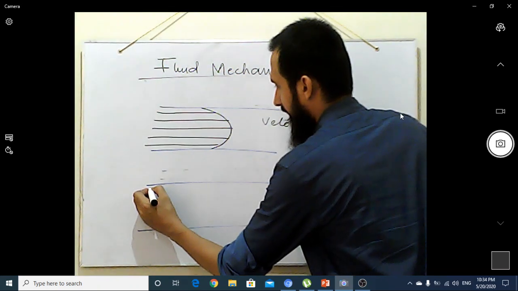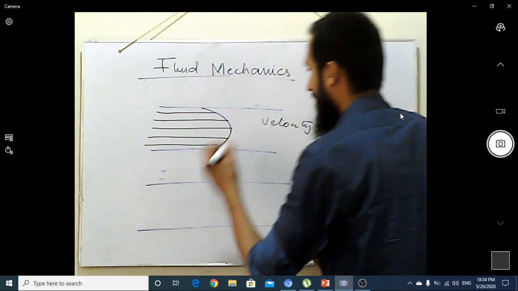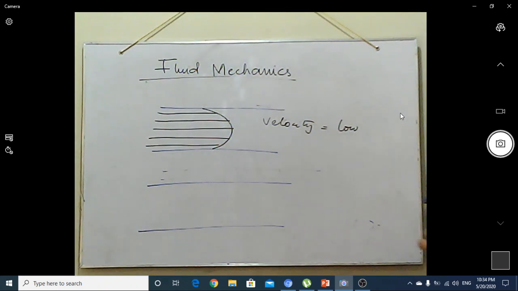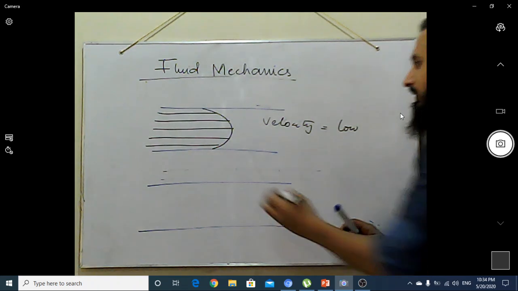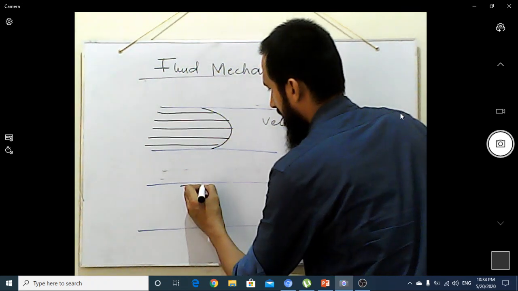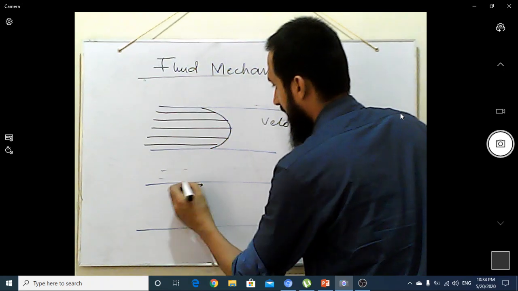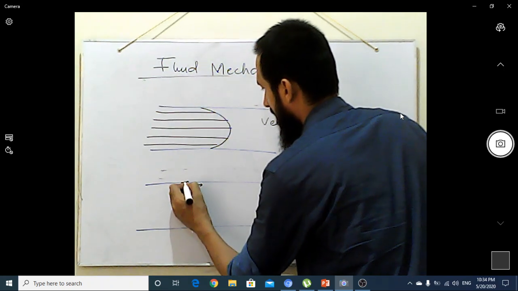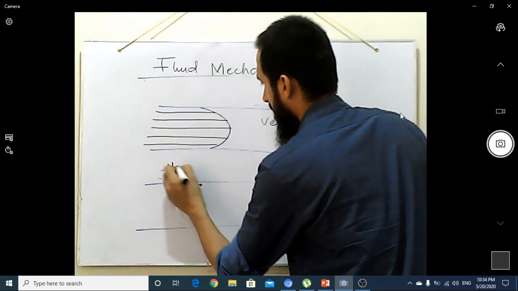There are certainly intermolecular forces between the layers. So this layer moves with greater velocity, although there is a no-slip condition.